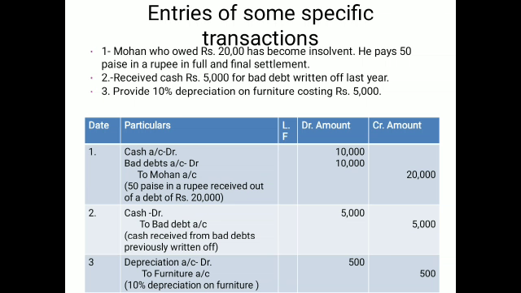So the furniture is an asset, it will go to the credit side to furniture account, and this loss is to be shifted to depreciation, because the reason is to depreciate. So this is to be shifted to the loss which name is depreciation. So depreciation is a loss against the asset, and to the furniture means minimizing the asset value.